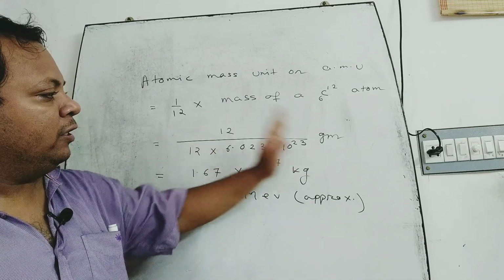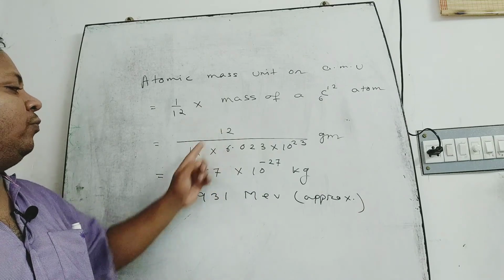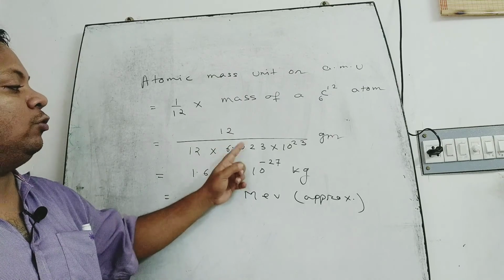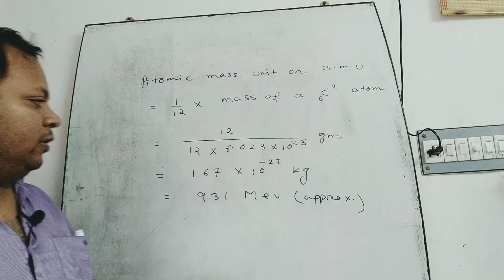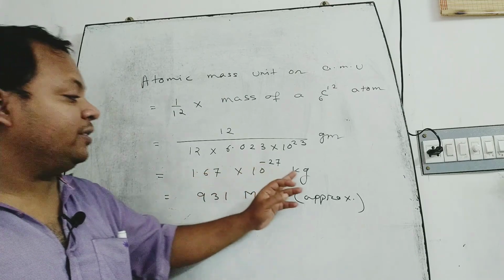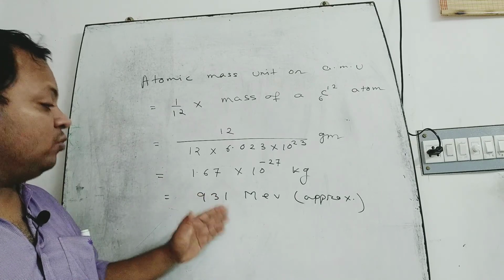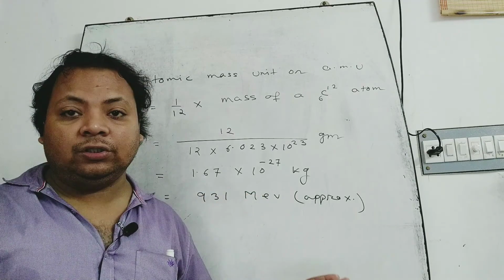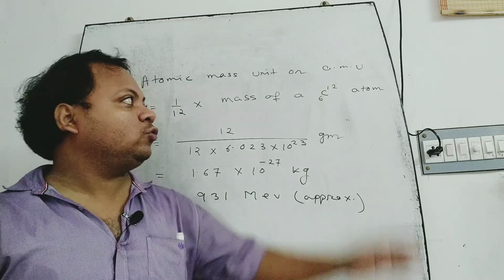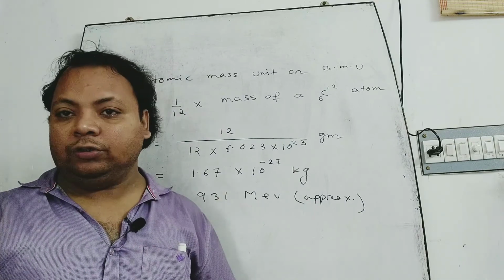This gives 1.67 into 10 to the power minus 27 kg, or approximately 931 mega electron volt. That is, 1 AMU is equal to 931 MeV.